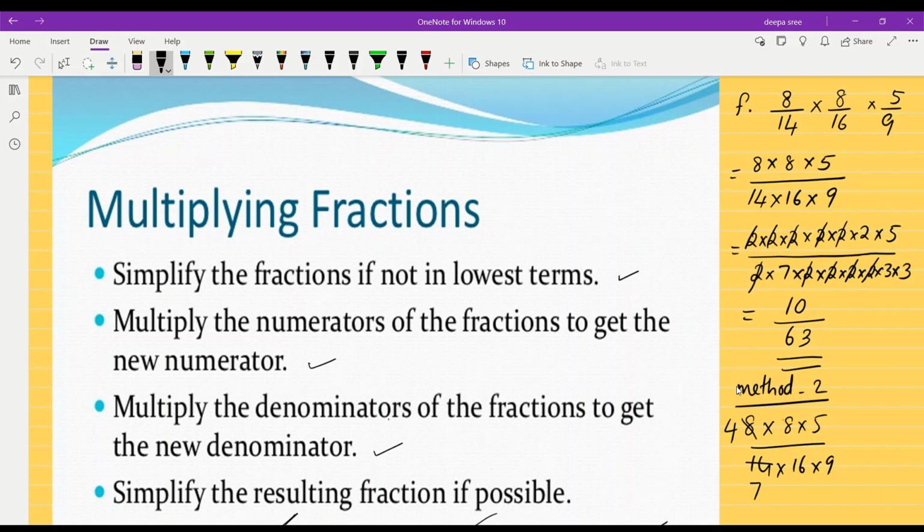Again we can do the 2 table here. 2 4s are 8, 2 8s are 16. Again 4 1s are 4, 4 2s are 8. Again 2 and 4 we can cancel by 2. So 5 2s are 10 and 7 9s are 63. So this is called the cancellation method. If you are thorough with that method, then you will be able to do the cancellation method also.